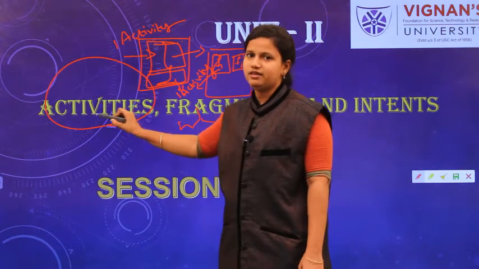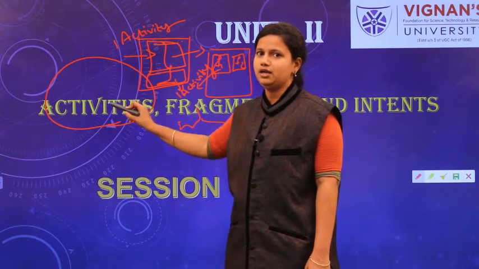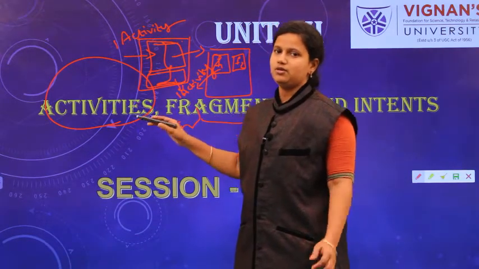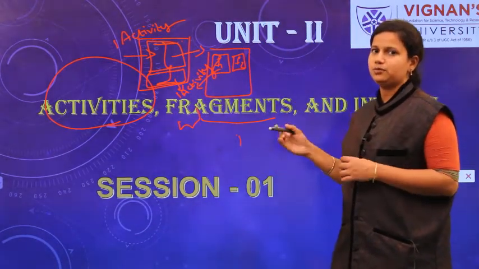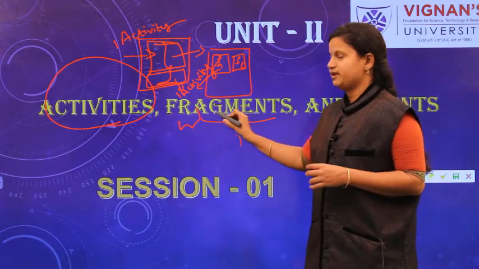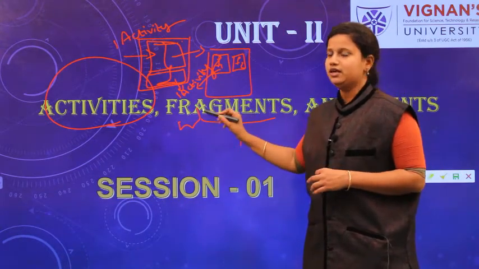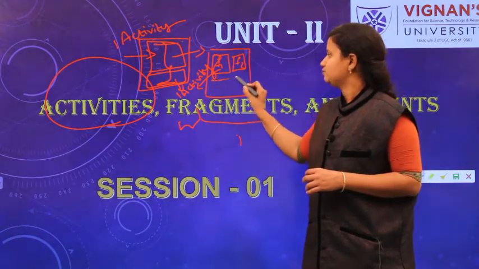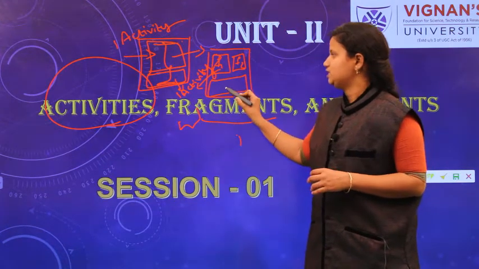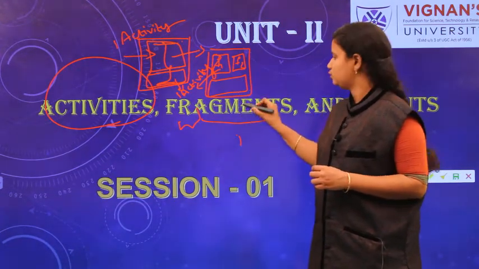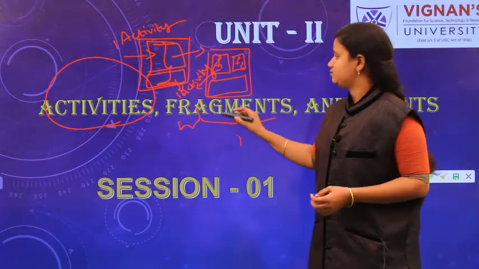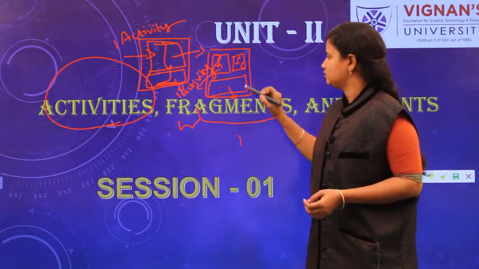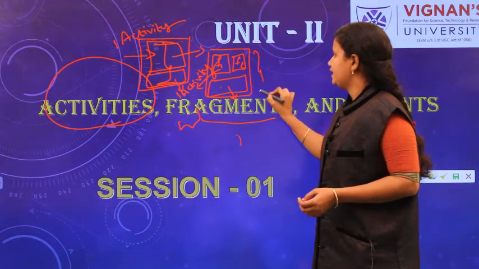But this activity space is not used by all the components, so some of the space is wasted. In that situation, to reduce the wasted space, we move to the concept of fragment. A fragment is a miniature of activities. That means we partition the activity space, and the collection of fragments is placed in an activity.